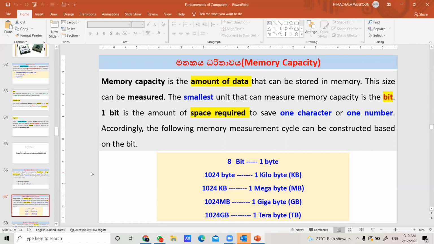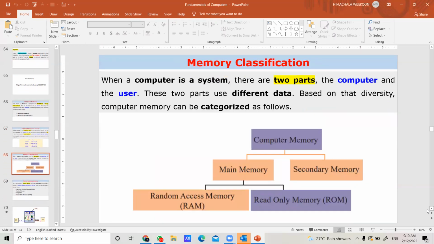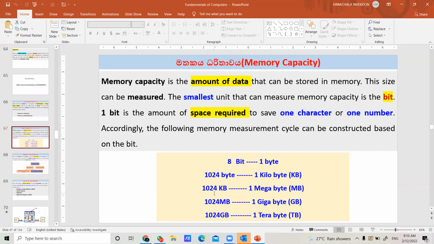Based on bit, we build up other measurements also. 8 bits is called 1 byte. Then 1024 bytes is called 1 kilobyte. 1024 kilobytes means 1 megabyte. In that way, we have other measurements also. Right.